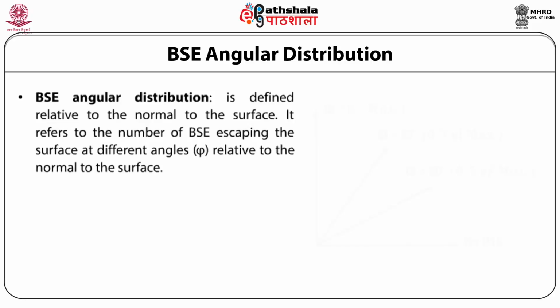It is defined relative to the normal to the surface, and it refers to the number of BSE escaping the surface at different angles phi relative to the normal to the surface. The schematic diagram gives the effect of angular distribution on BSE emission.